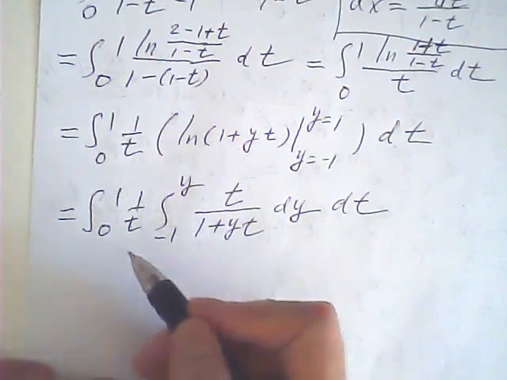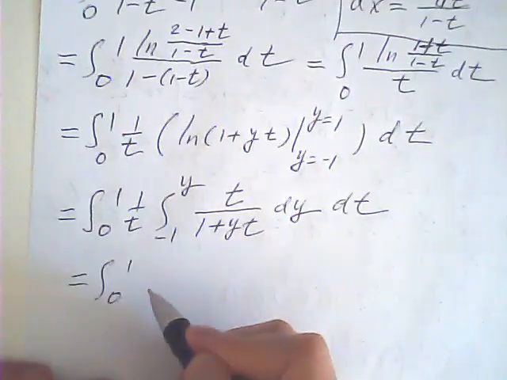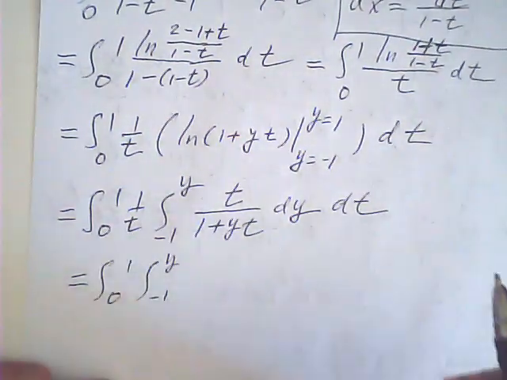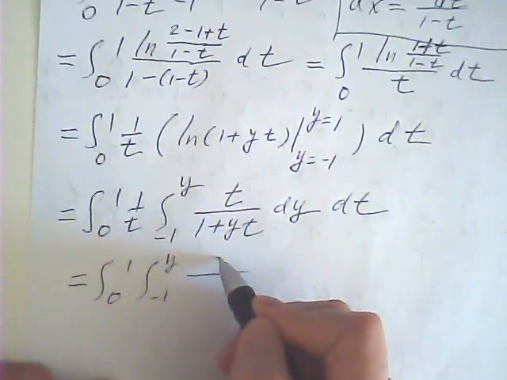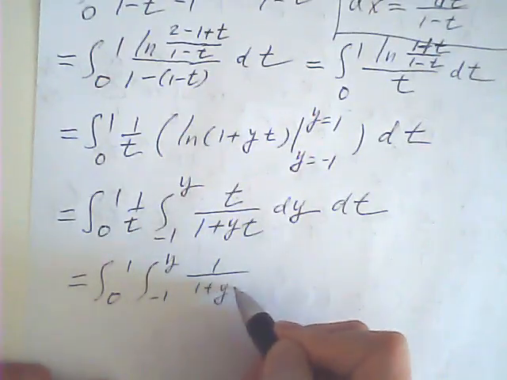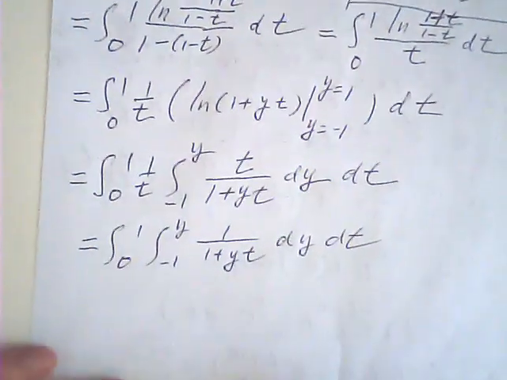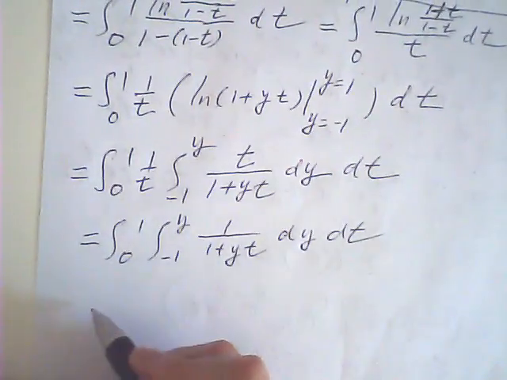Yeah, very good. So this one equals the integral from 0 to 1 and 0 to y. The t's cancel out, right? Becomes 1 plus yt, dy dt. This is a double integral, so I can switch the order.